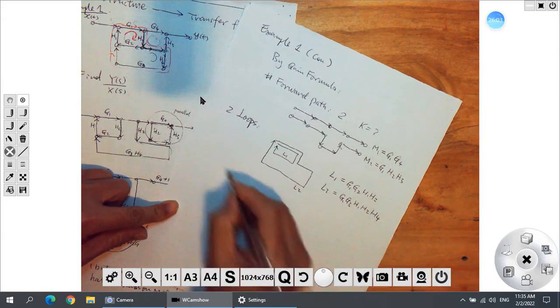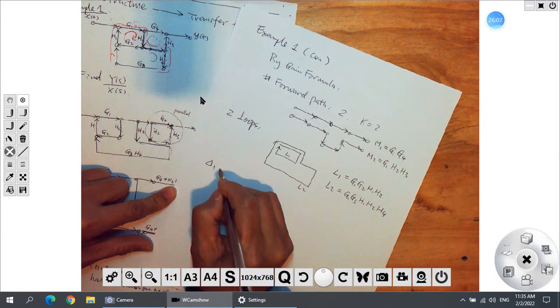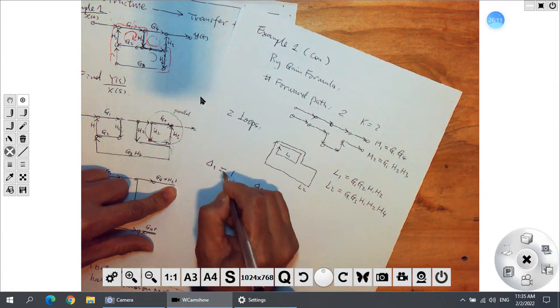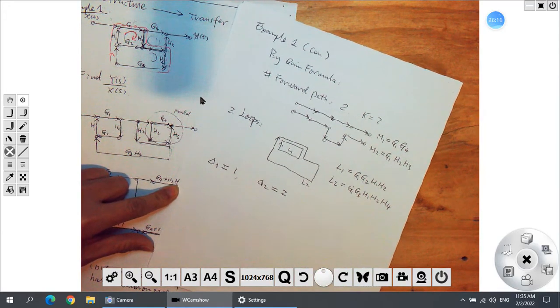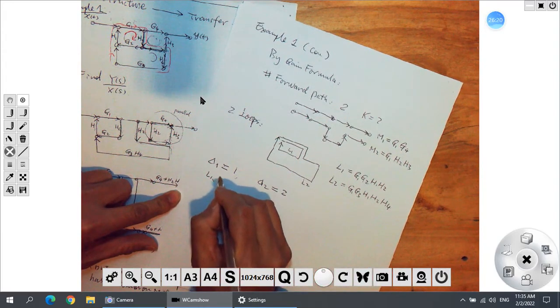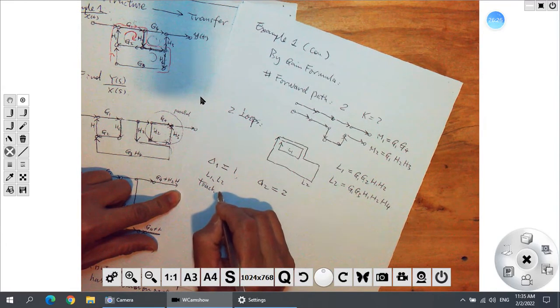And now delta 1 is just 1. And delta 2, okay, I write equal. Delta 2 is also just equal to 1. Because L1, L2 touch M1.